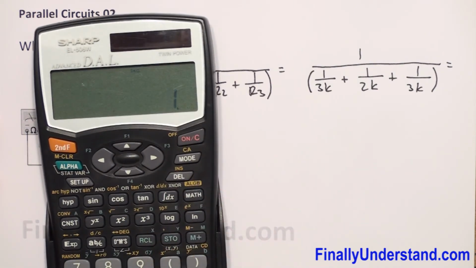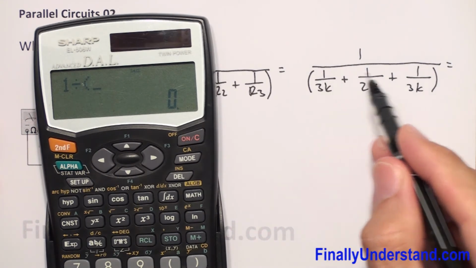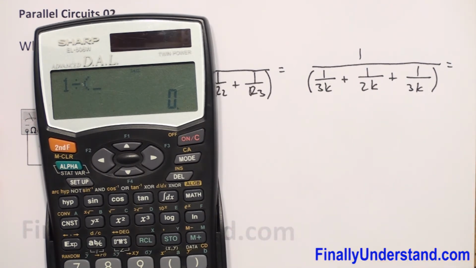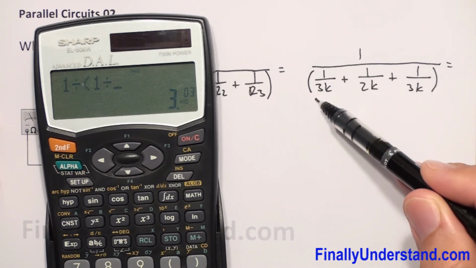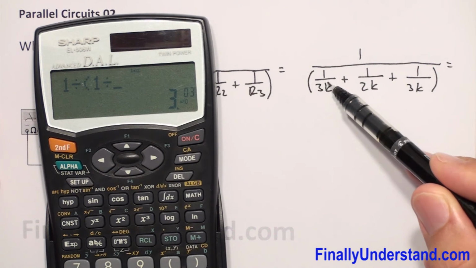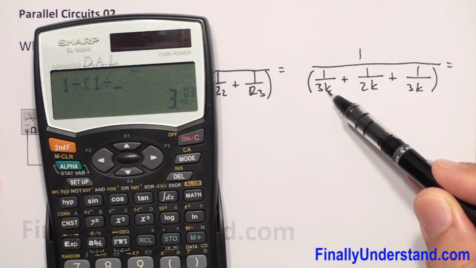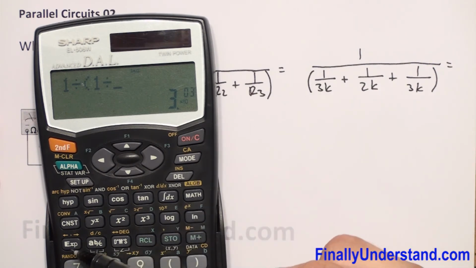I have 1 divided by, open parenthesis, okay, 1 divided by, open parenthesis, and I have 1 divided by 3 exponent 3. So basically what I did, 1 divided by, open parenthesis, 1 divided by 3k, okay, 3 exp.